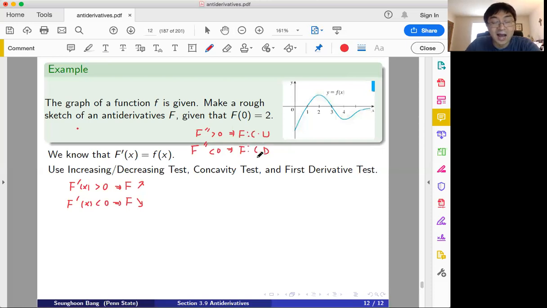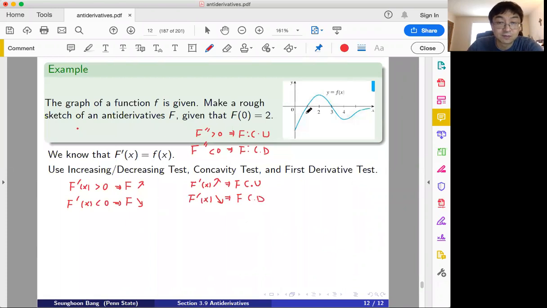Another way: if f prime of x is increasing, capital F is concave up. If f prime of x is decreasing, F is concave down. This is the concavity test.